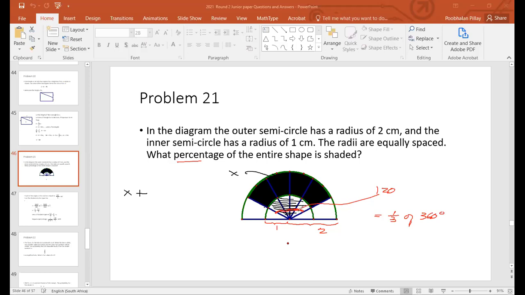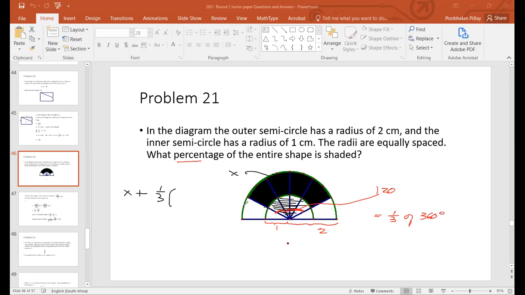Now this area here is 1/3 of a circle because the angle here is 120 degrees. So the area of this piece which is shaded is 1/3 the area of the white circle inside, because you can see it's 120 degrees. You can break 360 degrees into 3 equal parts.